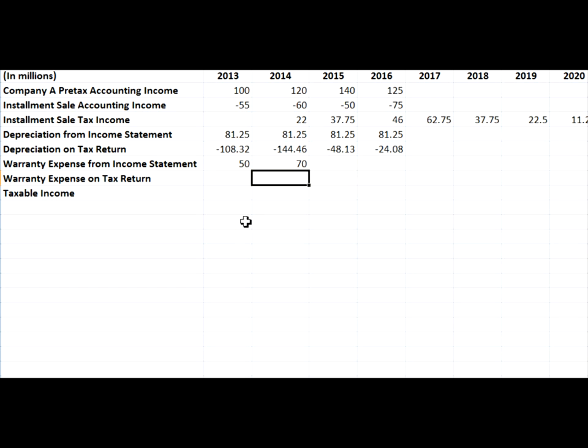So for 2014, we're going to have 25 million for the first year, and then the second year we're going to have the 25 for the first 2013, and then we're also going to have 50% of 2014 and 15, and then we're going to have the balance of 2014.